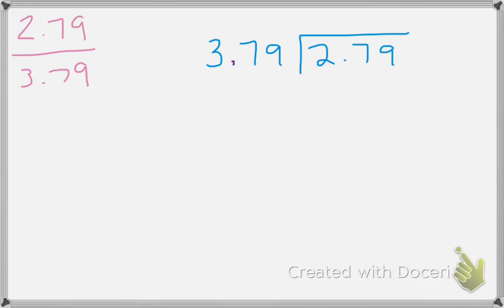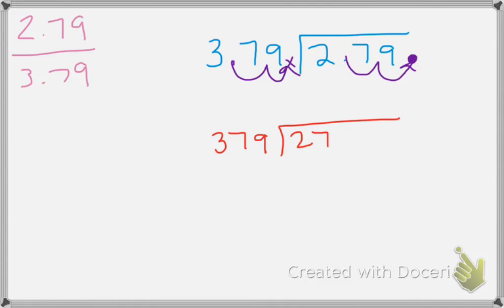So let's see how many jumps we got. 1, 2. Whatever you do on the outside, you have to do on the inside. So now let's rewrite this. We have 379 on the outside, and 290 on the inside, with our decimal brought up, and we can add our 0 at the end.